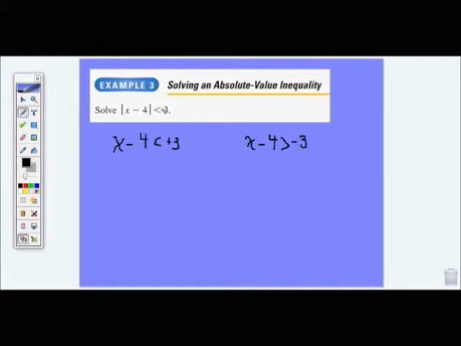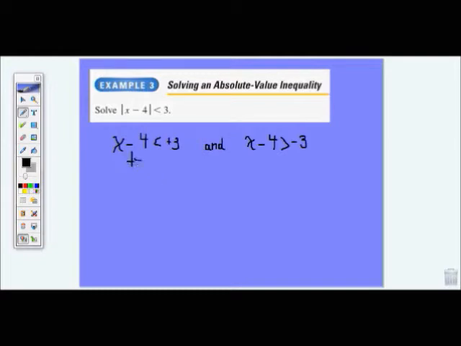It's a less than, so that means we're going to use "and" as our compound inequality. It won't be an "or." That goes back to the beginning of this chapter.